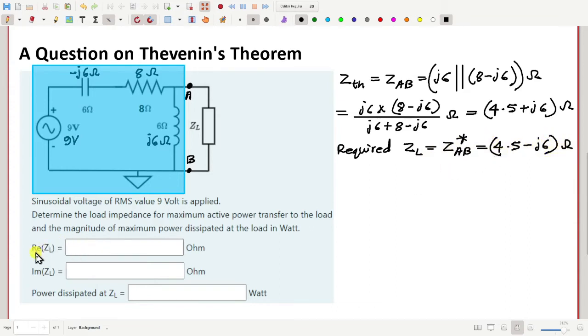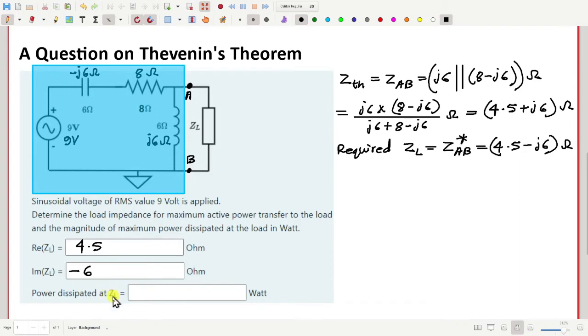So the required value of ZL should have a real component equal to 4.5 ohm, and the imaginary component should be minus 6 ohm. Now for this particular value of ZL, how much will be the power consumed in ZL?